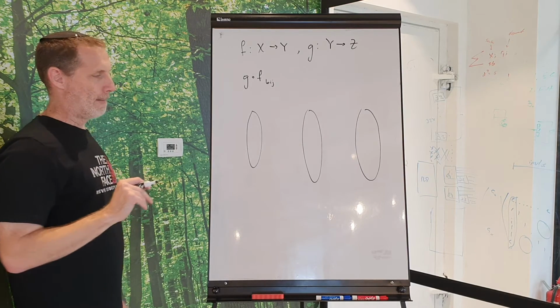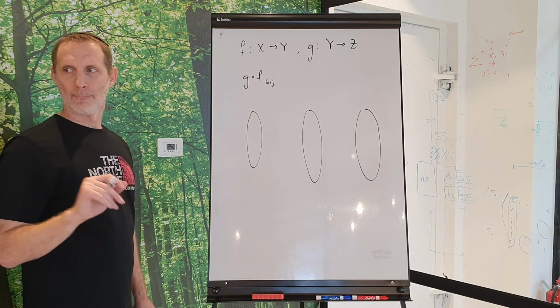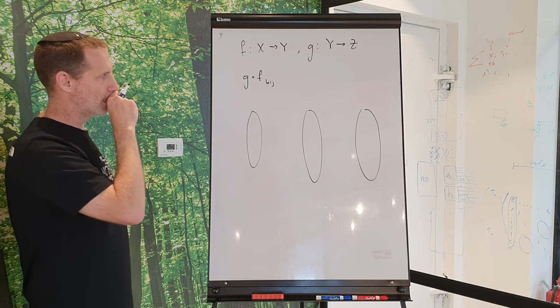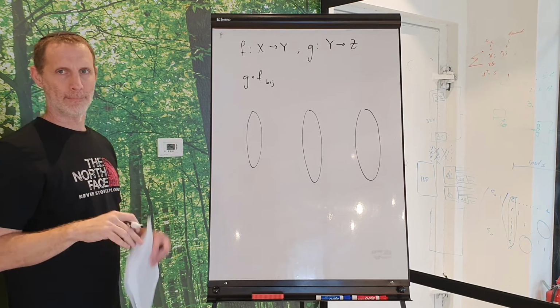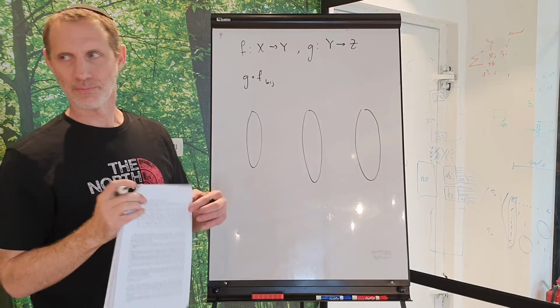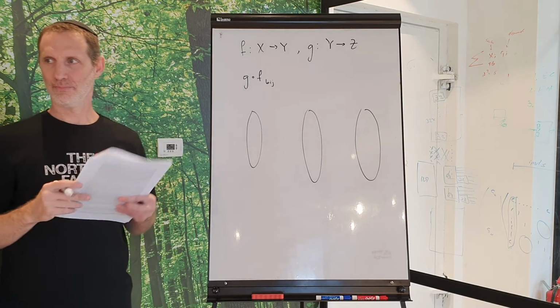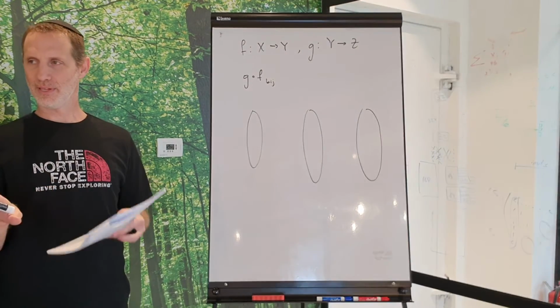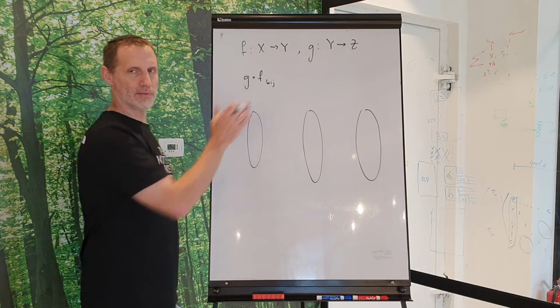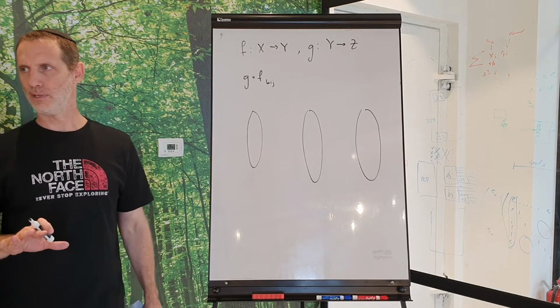You can map to the same point in the middle. No, that's not correct, because X can't be mapped to two places. This is exactly what I want to show. The composition is bijective, right?